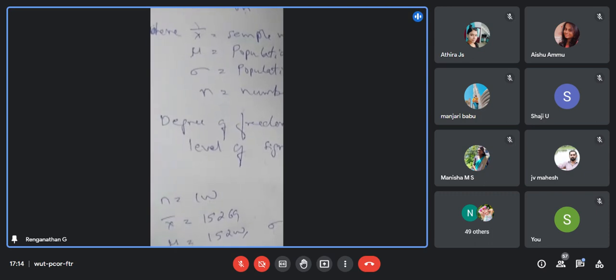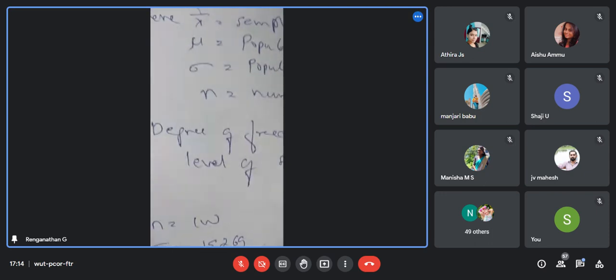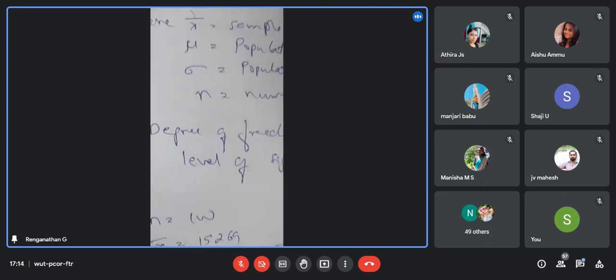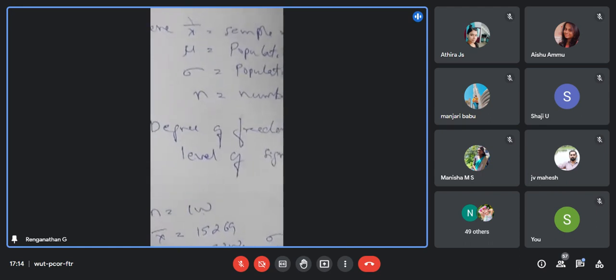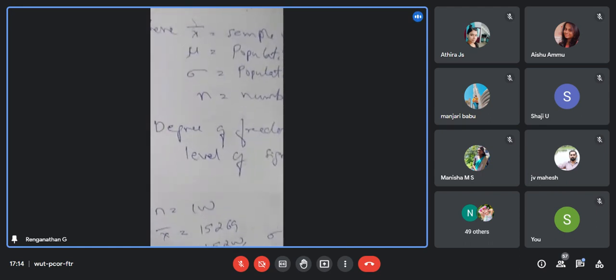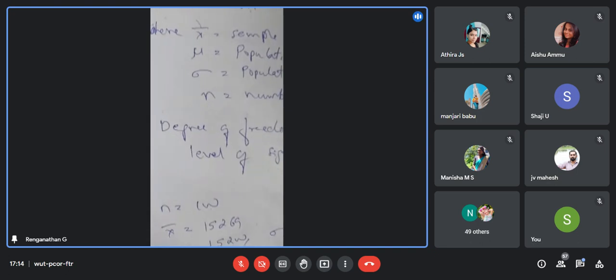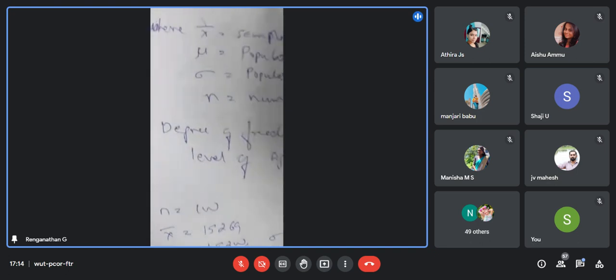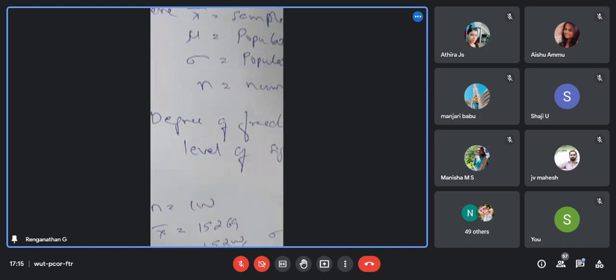If it is opposite, we have to reject. If the calculated value is more than the table value, we write like this: we reject the null hypothesis.